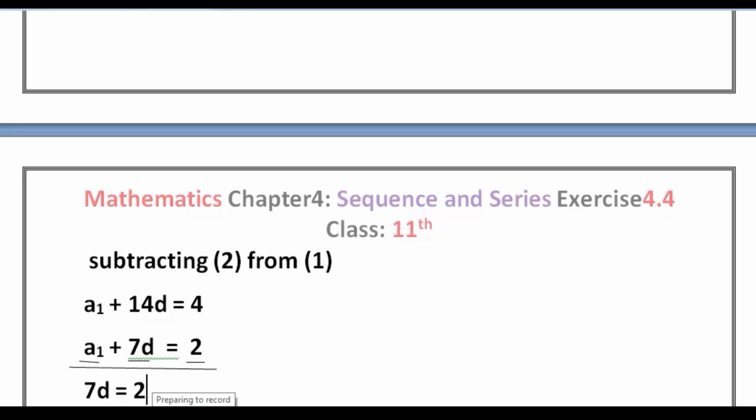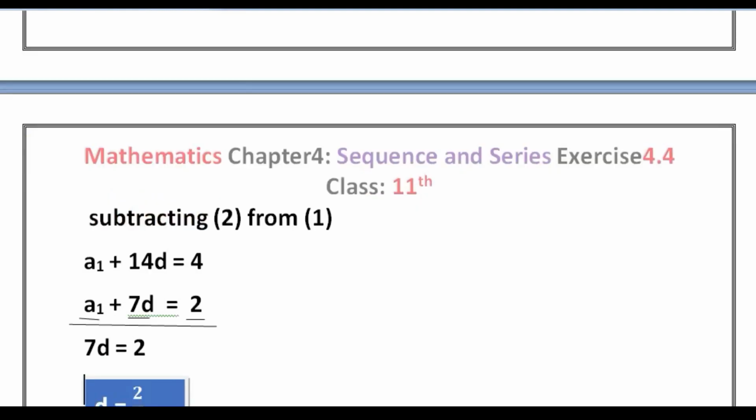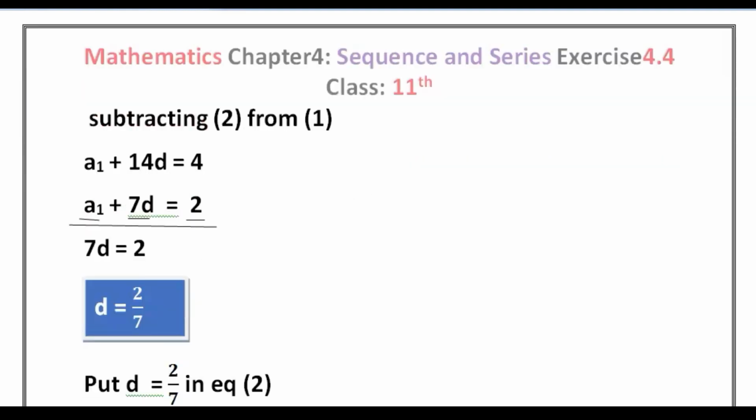Subtracting second from first: a1 plus 14d is equal to 4, a1 plus 7d is equal to 2. So sign change, a1 minus a1 cancels, 14d minus 7d is equal to 7d. So 4 minus 2 is equal to 2, d is equal to 2 divided by 7.